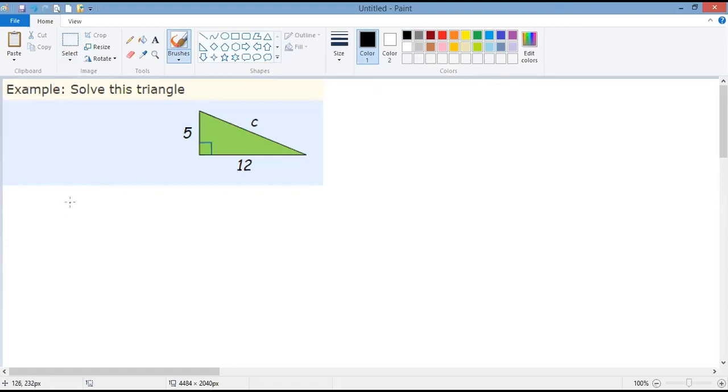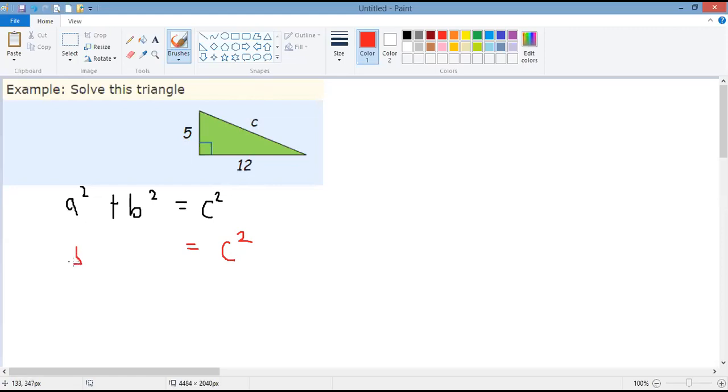Remember the formula is A square plus B square equals C square. Remember, C square is the longer side, so the longer side here is named as C. We just leave it as C square because you don't know C. You know A and B, one is 5, one is 12.